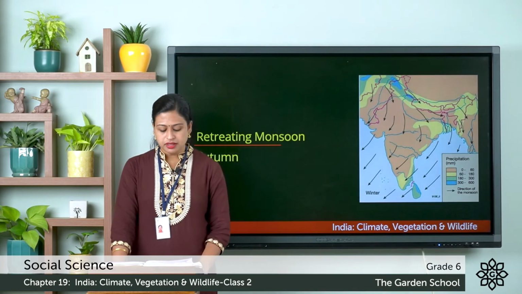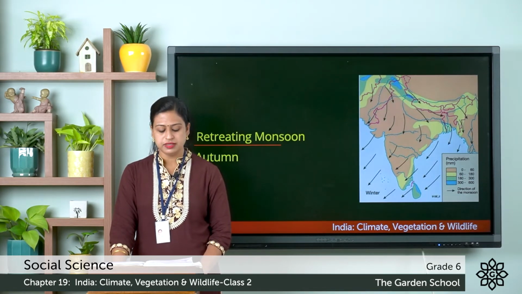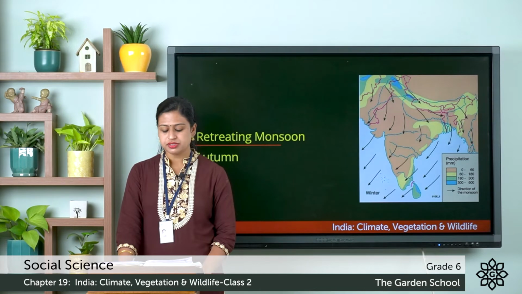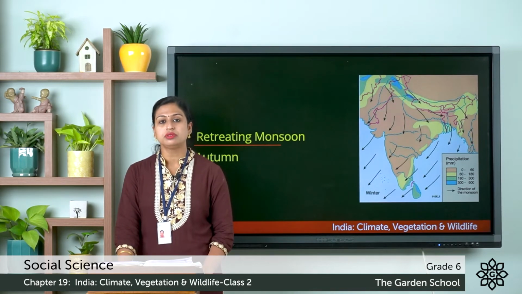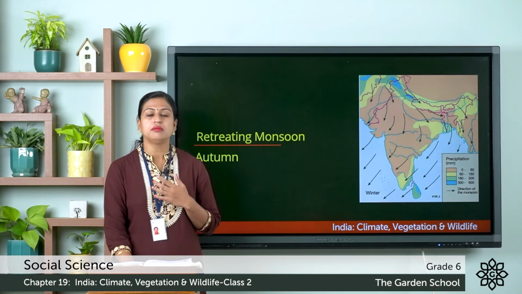For example, the Great Orissa Cyclone of 1999, then Cyclone Phailin in 2013, then Cyclone Titli that hit the Bengal, Orissa and Andhra Pradesh coast in October 2018. So this was about the retreating monsoon.